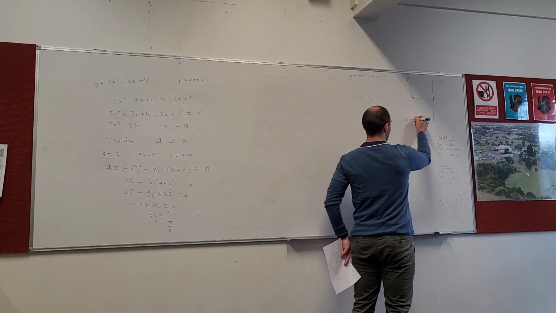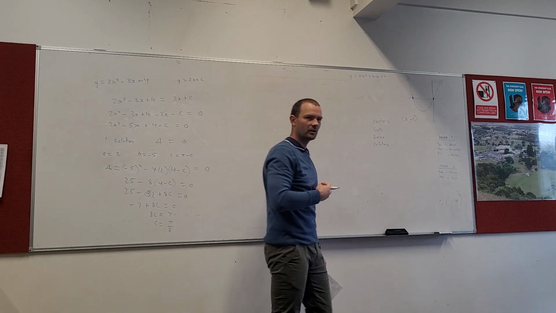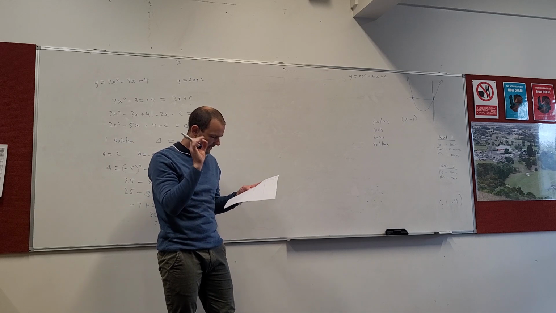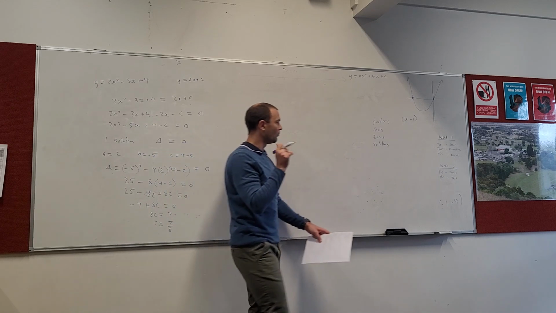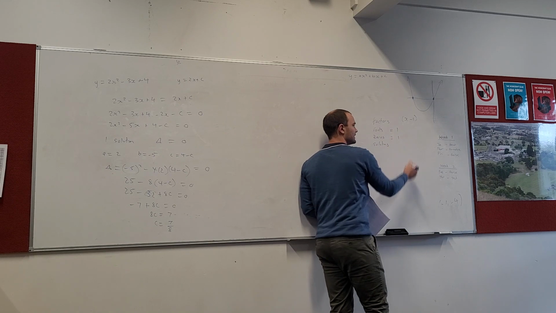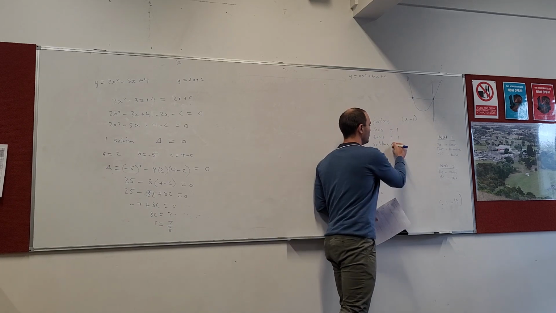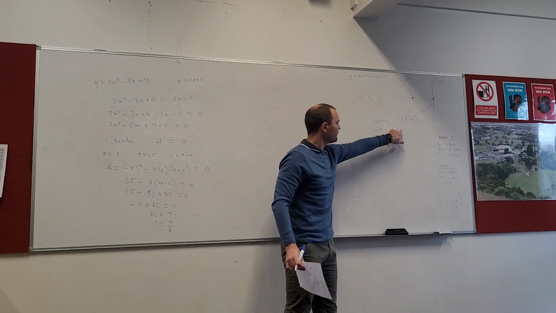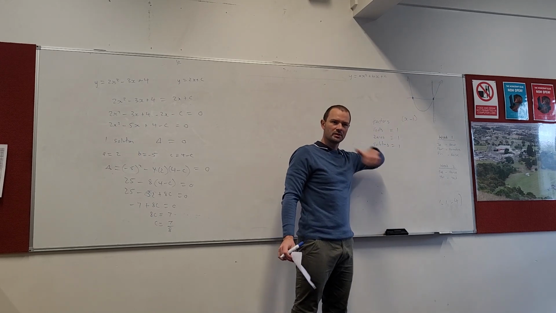If x take 1 is a factor, that's what we're told for this one, then what it means is 1 is a root, or 1 is a zero, or 1 is what we call a solution, that it makes the equation equal to 0.